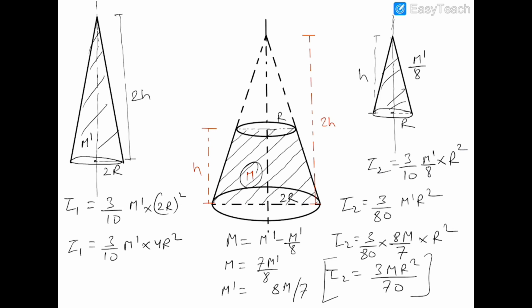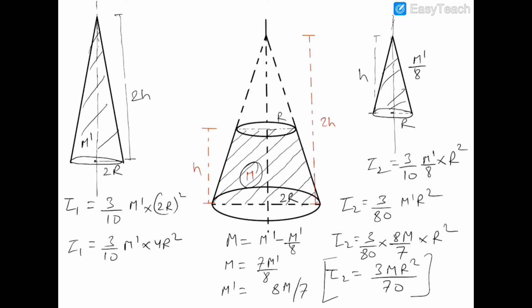Now obviously this frustum is formed by removing this smaller cone from the bigger cone, and therefore the moment of inertia of the frustum can be written as I1 minus I2. So I frustum is equal to I1, which is 3 by 10 m dash into 4r square, and let me put the value of m dash.